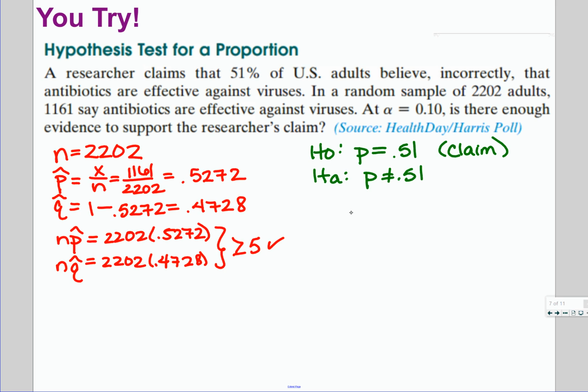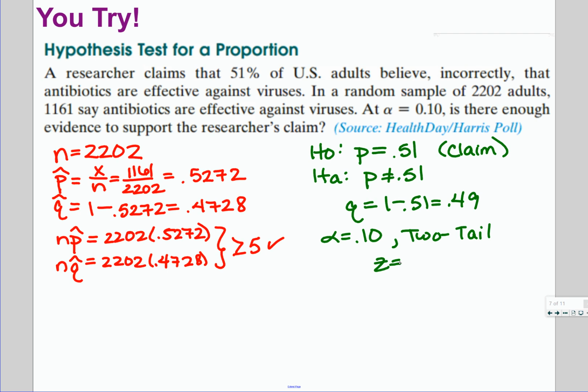Since I have P, let's go ahead and get Q because we're going to need that in a minute. If P is 51%, Q for my population is 49%. My level of significance is 0.10. Is this left tail, right tail, or two tail? This is two tail. All right, and this is a common value again on your chart.